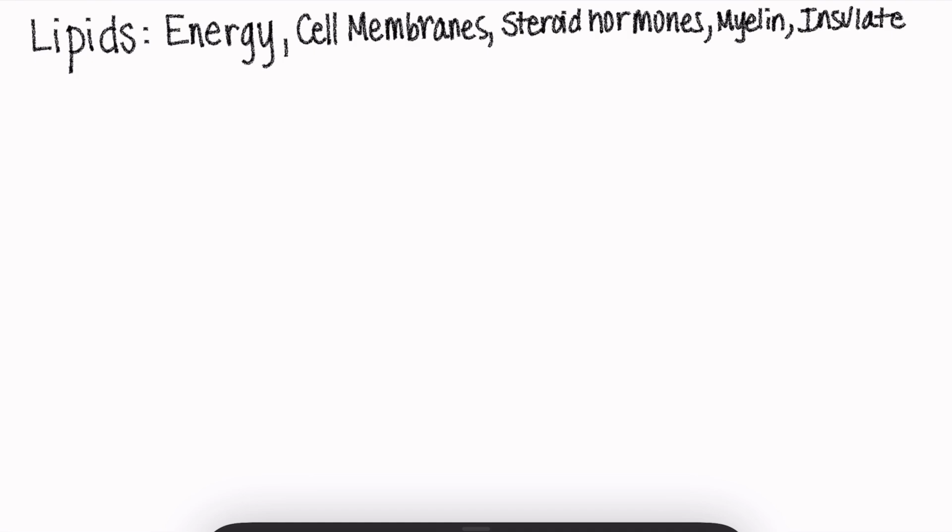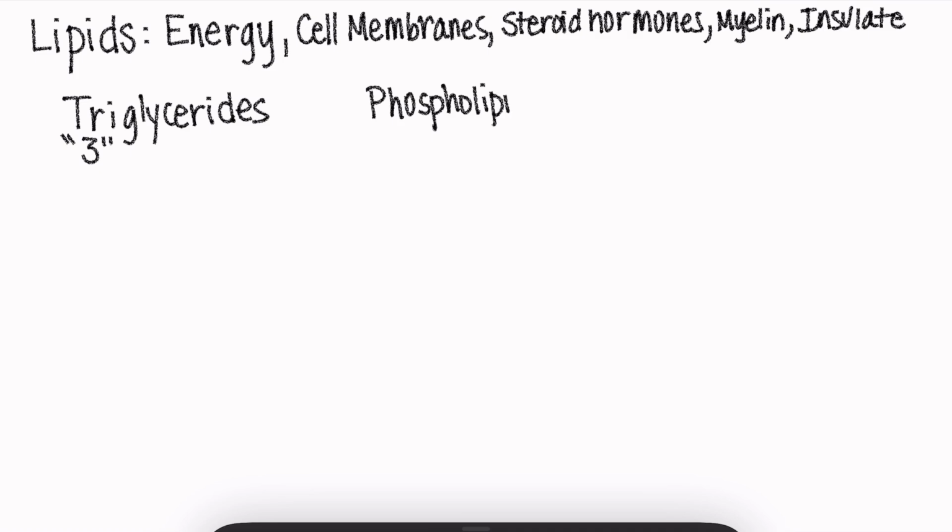Lipids in the human body can be classified into three main groupings. First, the triglycerides. You can see right here, they're going to have three fatty acid tails. Then the phospholipids. These are the ones that make up our cell membranes. And lastly, the steroids.